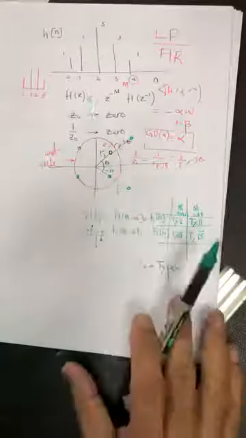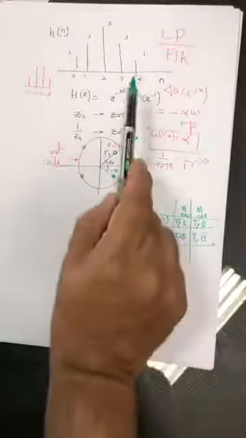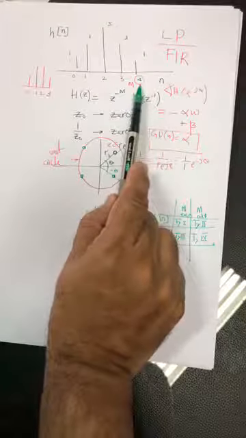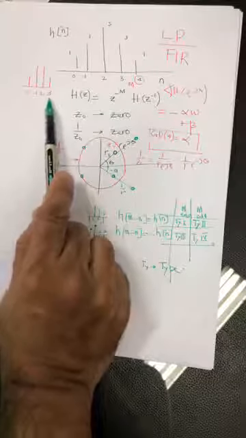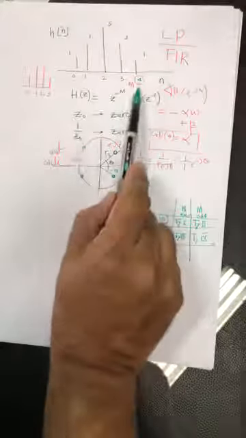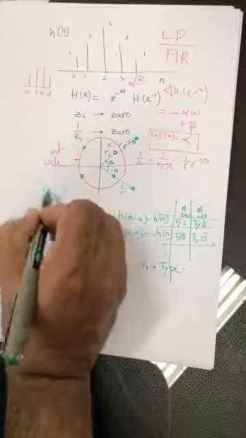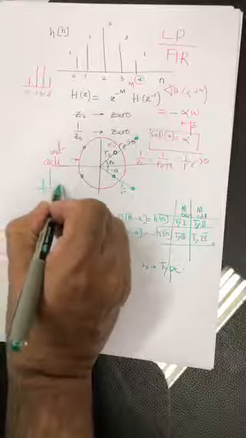We will find out why we say type 1, type 2, type 3, type 4. Type 1 is symmetric and M is even. Type 2 is symmetric and M is odd. Type 3 is anti-symmetric and M is even. You can always draw this like this, with an inverse here, and 0 here. So 0, 1, 2, 3, 4.